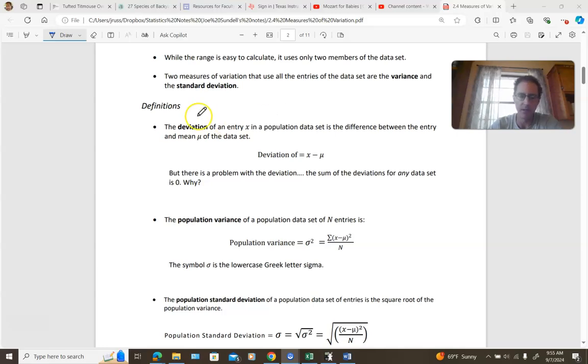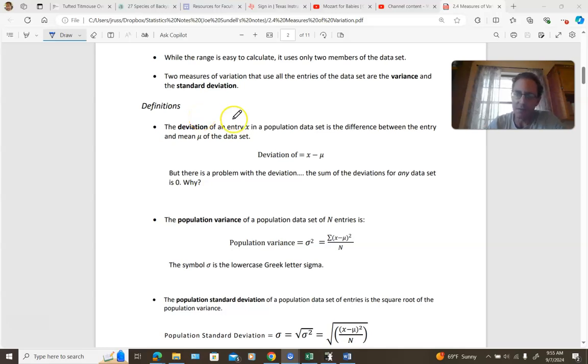So the deviation, that word deviation, when you think about the word deviant, you're talking about somebody that differs from the perceived norm. So that's what a deviation in a data set is.